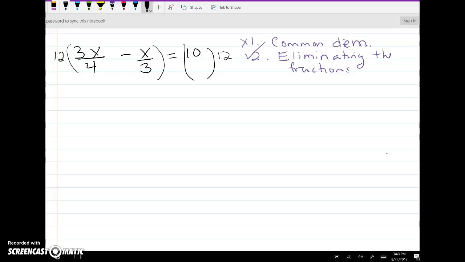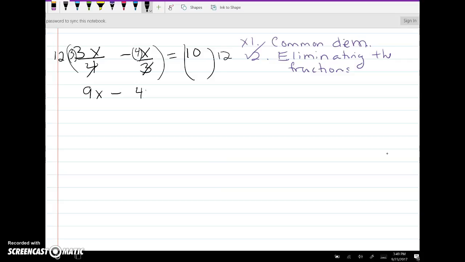12 times 3x over 4, the 12 and the 4 cancel out. The 4 disappears, and all that's left here is a 3. So I have 3 times 3x, which is 9x. And I'm going to do it with the negative x over 3. The 3 cancels out, and all I'm left with is 4.